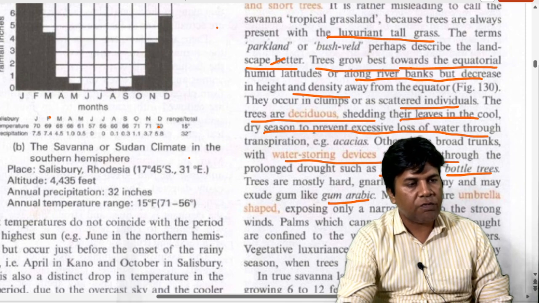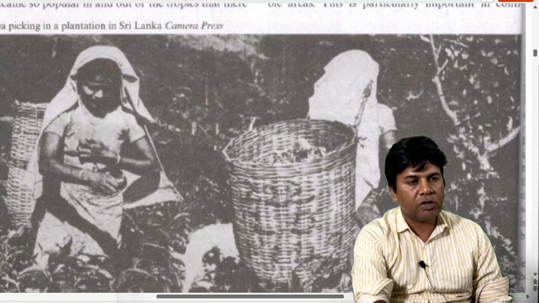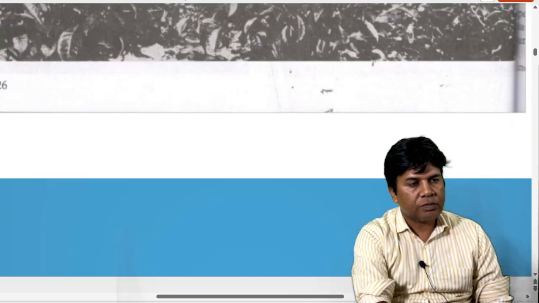So these are called ephemerals because they cannot sustain during the drought period. That's why they will remain in a dormant stage. And as soon as the rainfall starts taking place, they will again spring up.